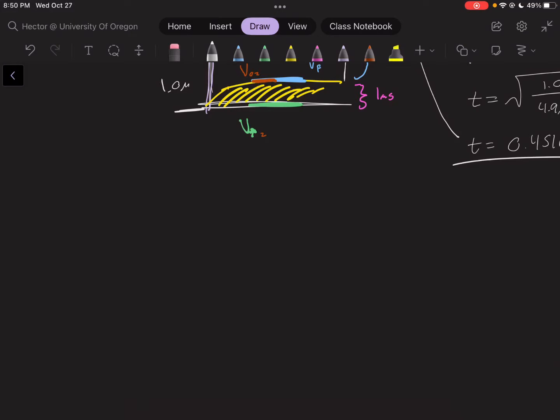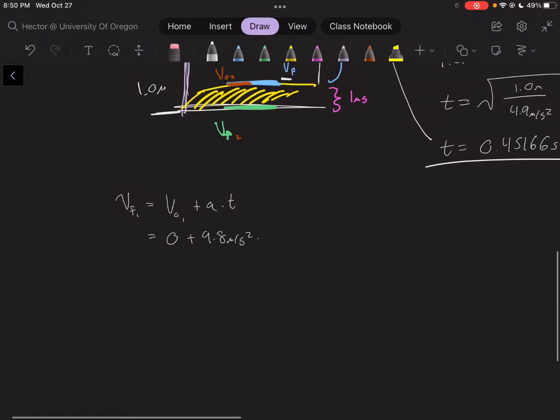We have that our velocity final, which I'm going to label as 1 because it is this velocity final up here, is equal to our velocity initial 1 plus acceleration times t. Now we can just plug in what we know. This is 0, this is 9.8, and we solve for time, which is 0.4516 seconds.